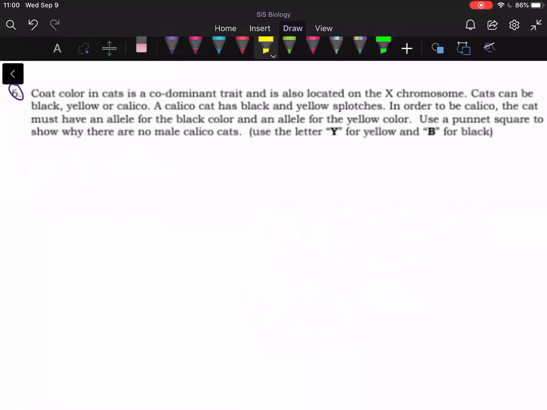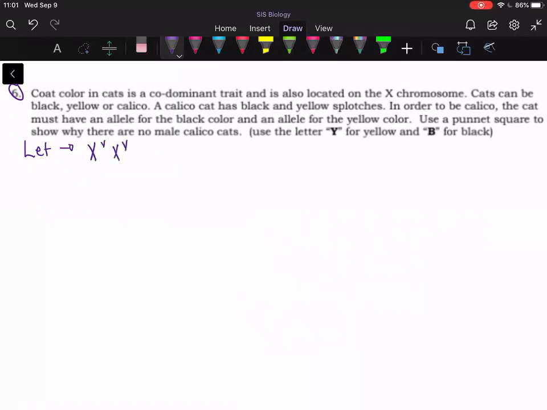Use a Punnett square to show why there are no male calico cats. Okay, so we have to have 3 different options.